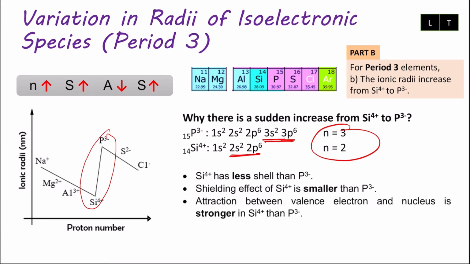Then, the attraction between nucleus and valence electron is stronger in Si4+, because it has fewer inner shell electrons to shield the valence electron closer to the nucleus. Therefore, ionic radius for Si4+ is smaller than P3-. So this is how you explain the sudden increase between Si4+ and P3-.